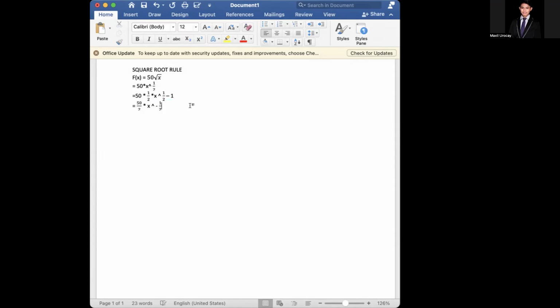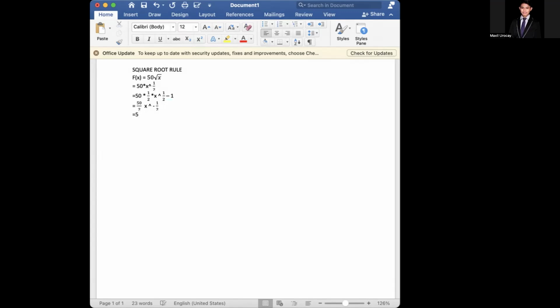So then afterwards, we'll just multiply that into your equation right now. So it will become 50x to the power of negative 1/2. What will you do? You can translate it back into the square root format.